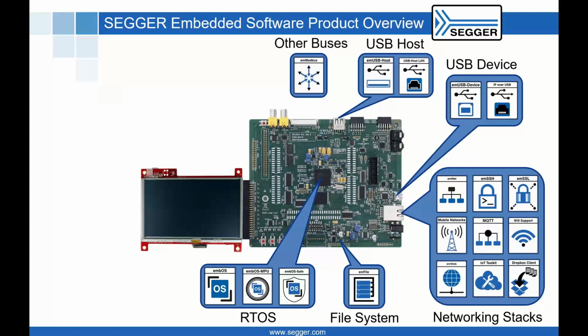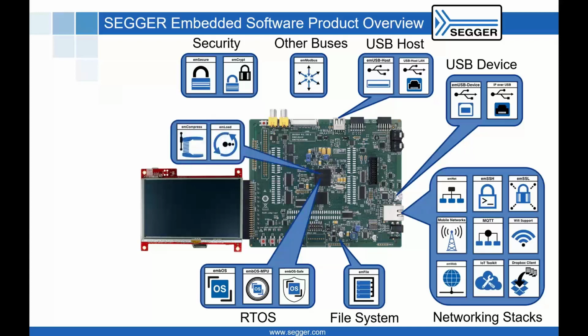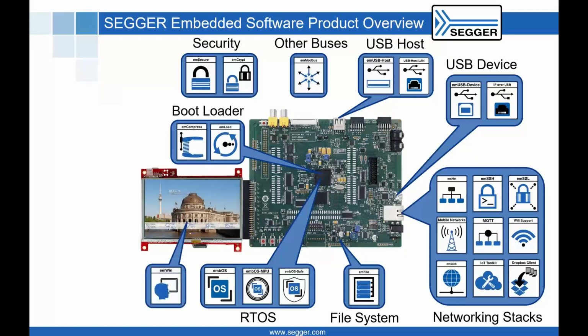There are other bus systems like Modbus that we support. Obviously, security is a big topic these days. So we have emSecure, our digital signature suite, and emCrypt, our crypto library. We also have our own secure bootloader called emLoad, and compression software called emCompress. Graphics, of course, is another big topic. More and more applications obviously have a screen.